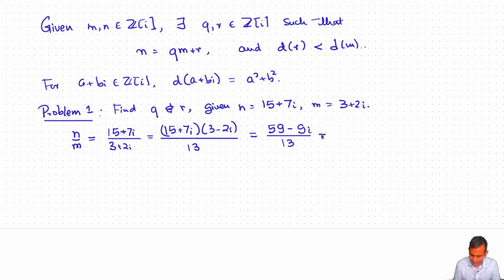So 59 by 13 is 4 and 7/13, and this is minus 9 by 13 i. So this q is not going to work for us because we want a q that is a Gaussian integer.